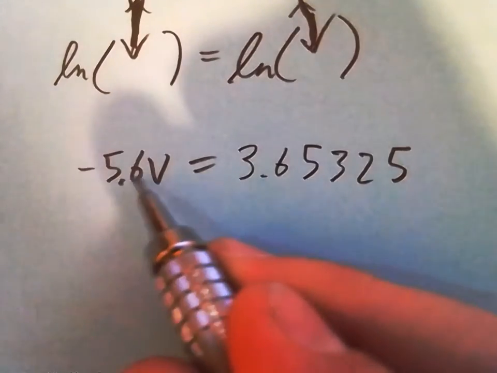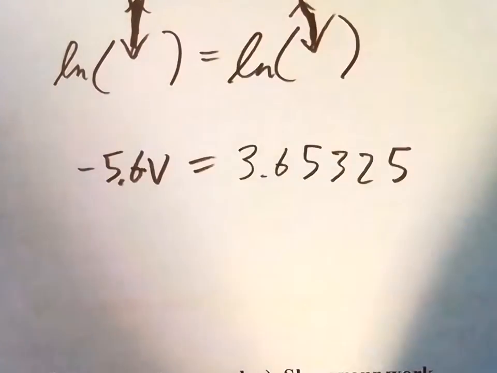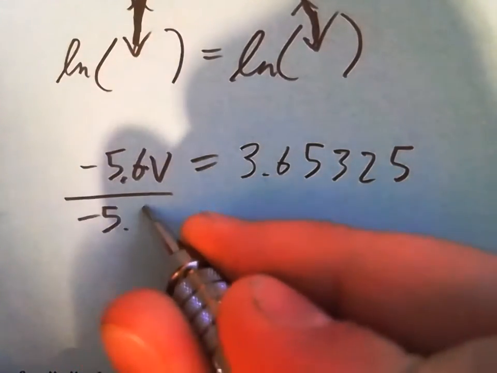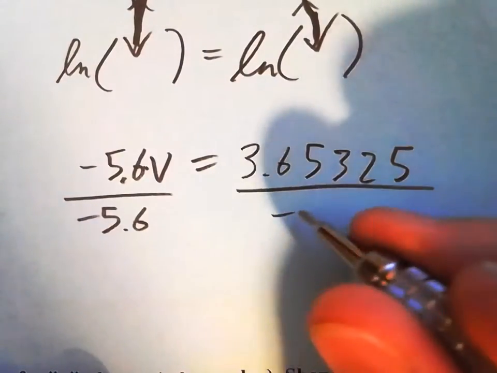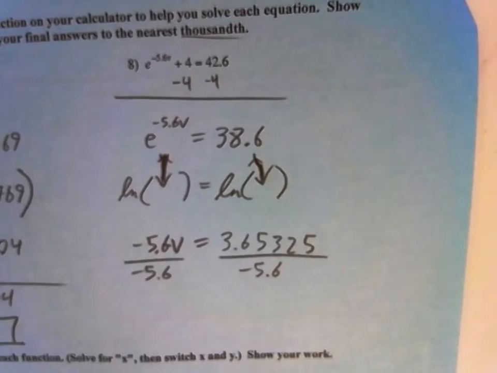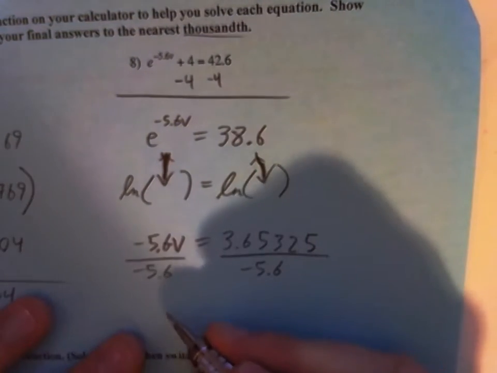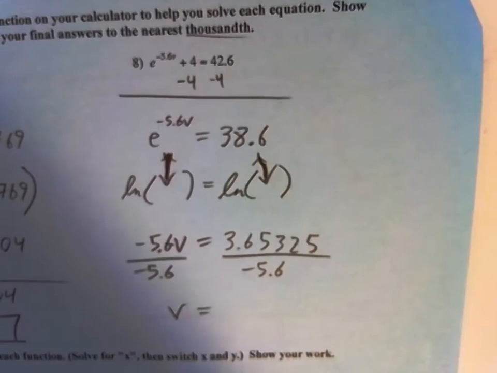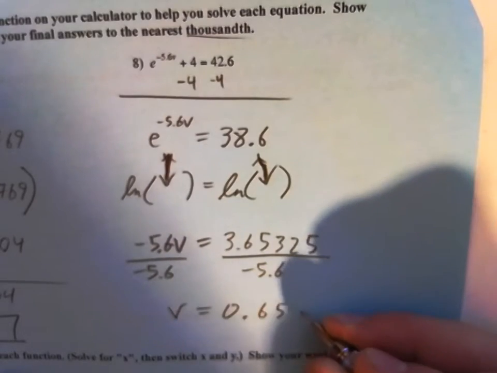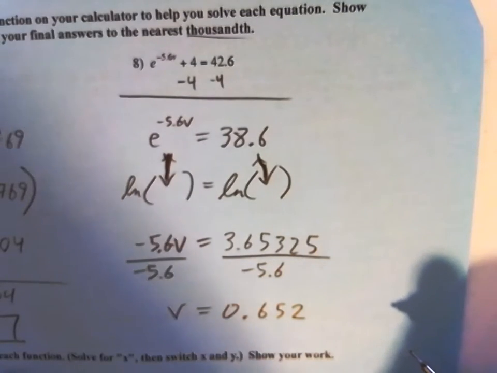Oh, what do I have to do to get rid of multiplying? The inverse operation to a multiplication is division. So divide both sides by negative 5.6, and we will get v equals, divide by 5.6, 0.65236647.